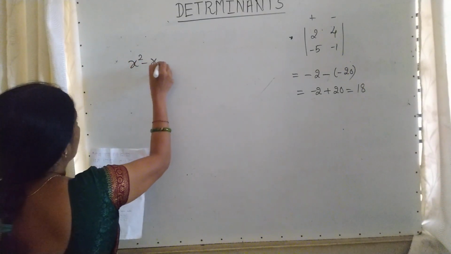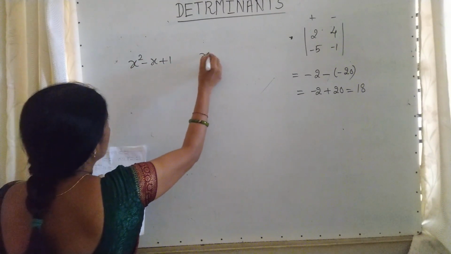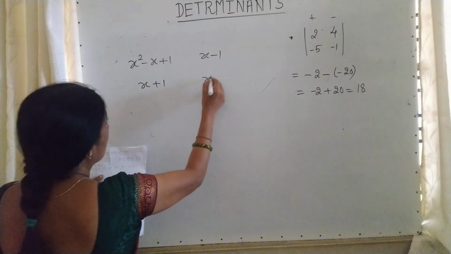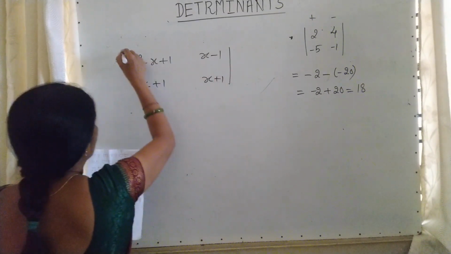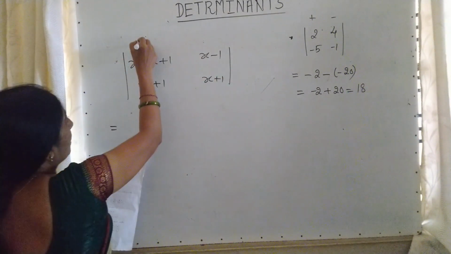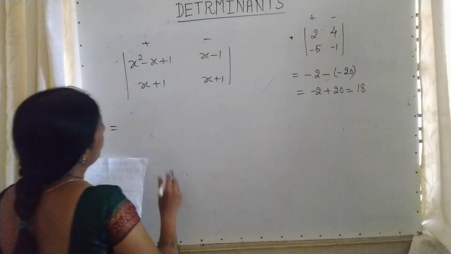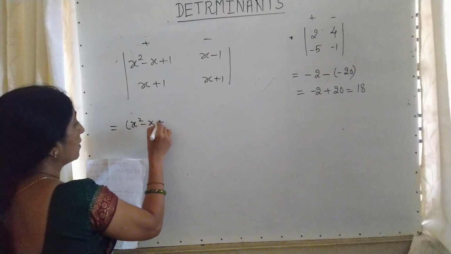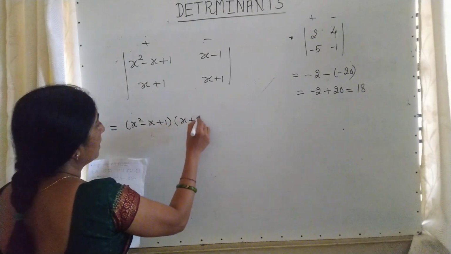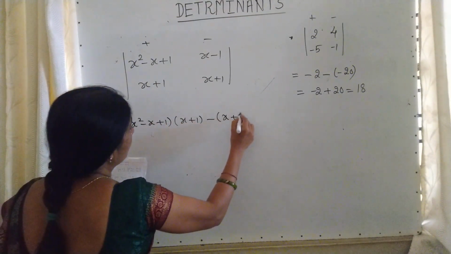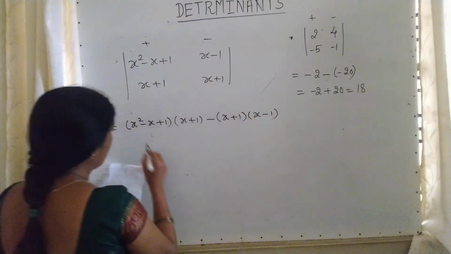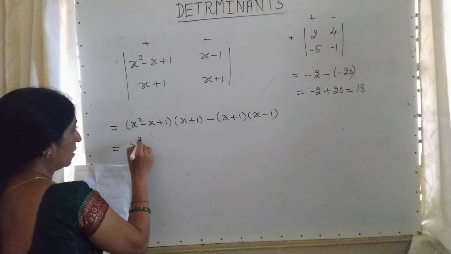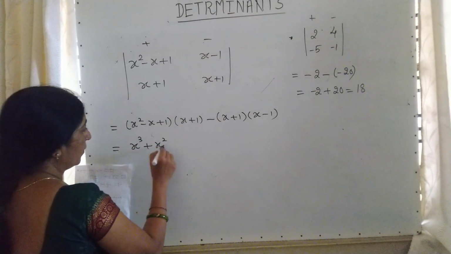Now next question. x square minus x plus 1, this is x minus 1, x plus 1, and the next one is x plus 1. So again plus and minus on the top. Multiply these two terms, write it in the bracket. Then middle minus, x plus 1 into x minus 1. Here multiply term by term. x square into x is x cube plus x square.